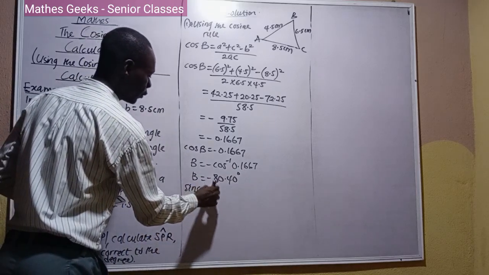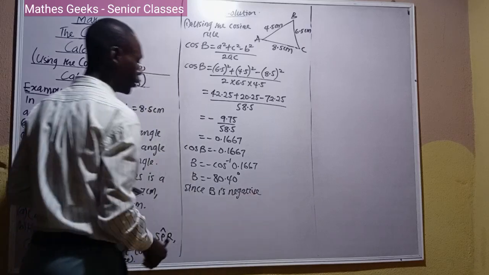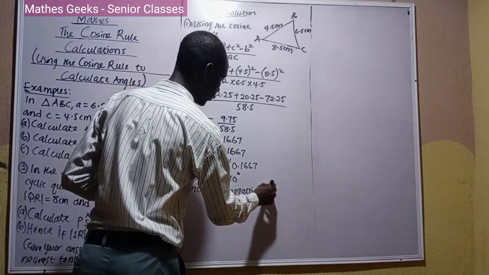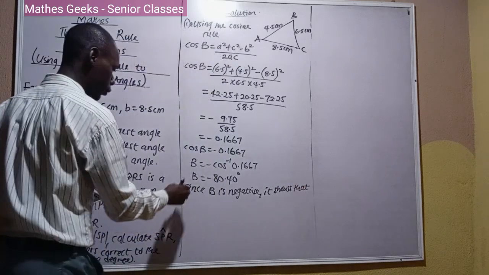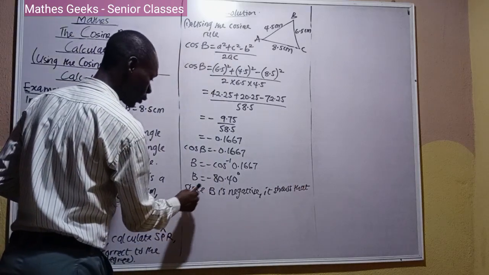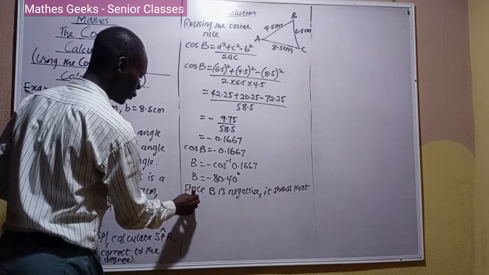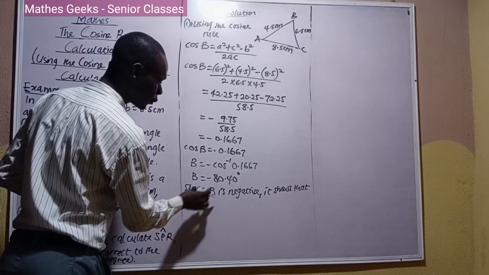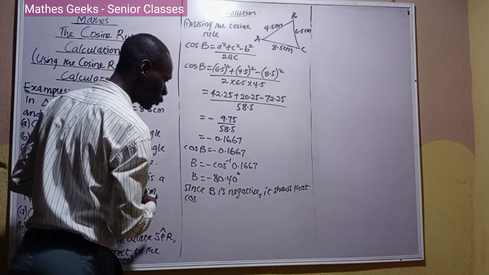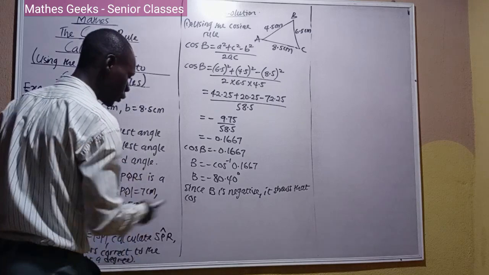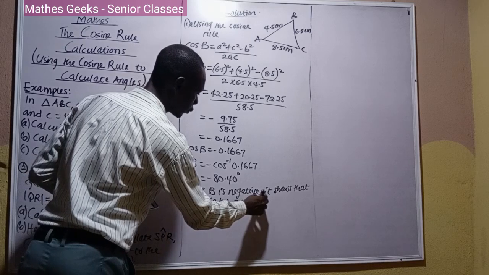Since B is negative, it shows that cos B is in the second quadrant.